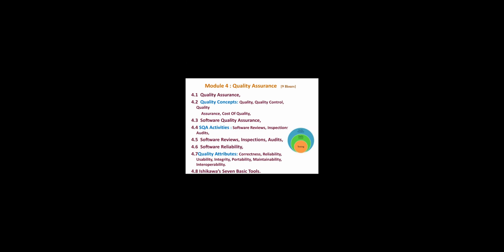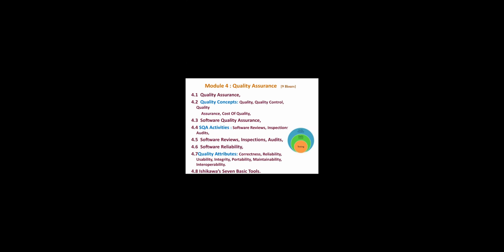Then comes software quality activities, like software reviews, inspections, audits. Within reviews, we have 5 types of review process like walkthroughs, peer reviews, and the various elements associated with each and every aspect and the differences between different types of software review techniques.